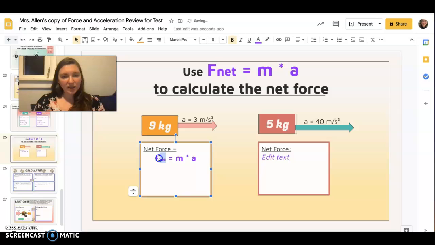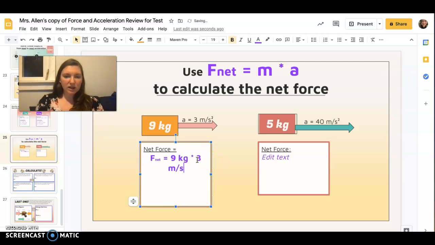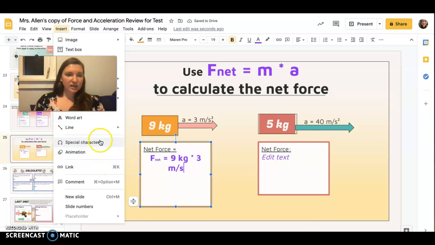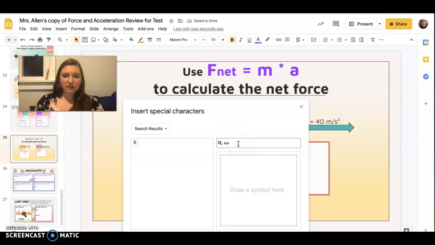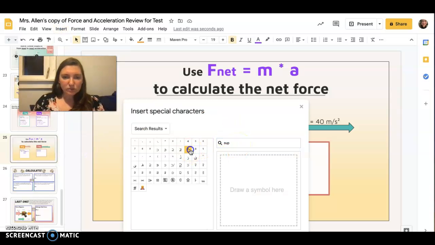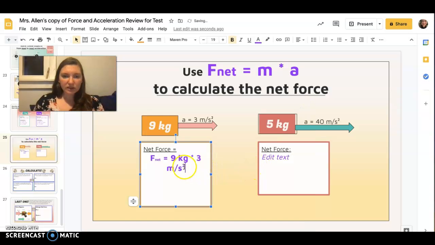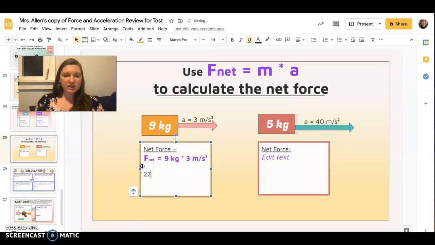Okay, so the F net is, oh, that's what we're calculating for. So we have 9 kilograms and 3 meters per second squared. Okay, so 9 times 3 is going to be 27 newtons.